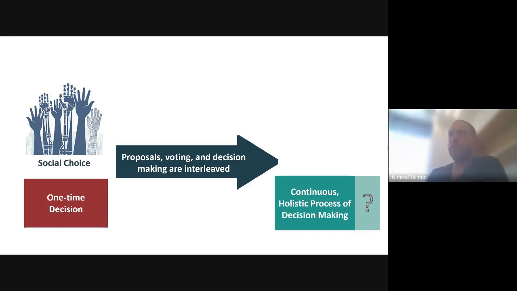And then usually there is some voting. But all of this decision-making process is much more involved than simply preference aggregation or just voting, because it's a continuous and holistic process in which proposing, voting, and deliberation are interleaved. And still, this is not captured in the research in preference aggregation.